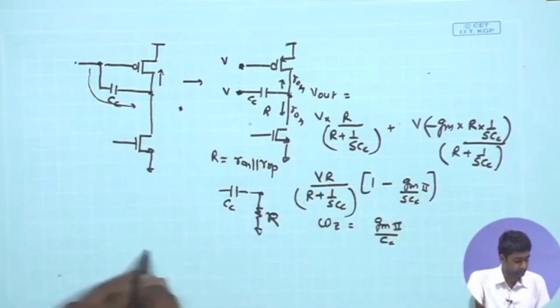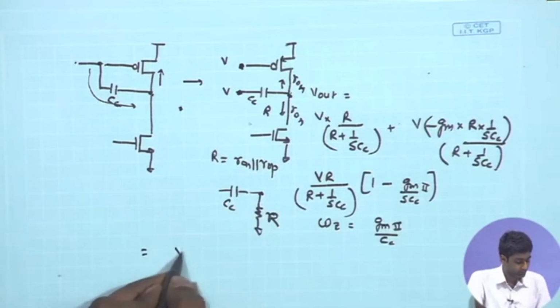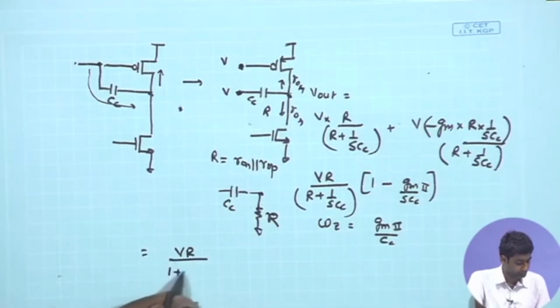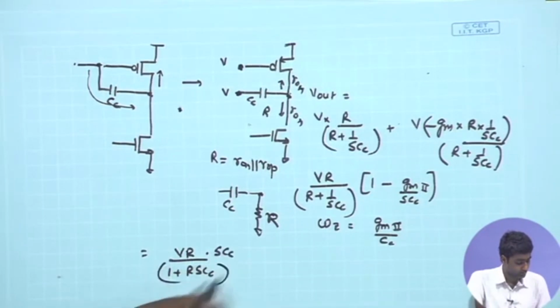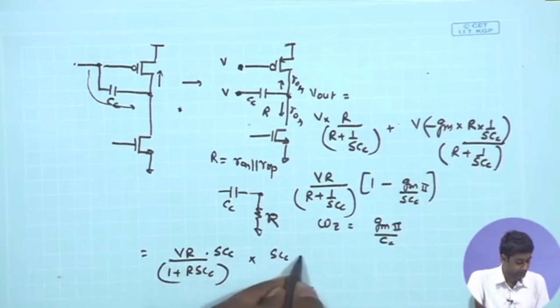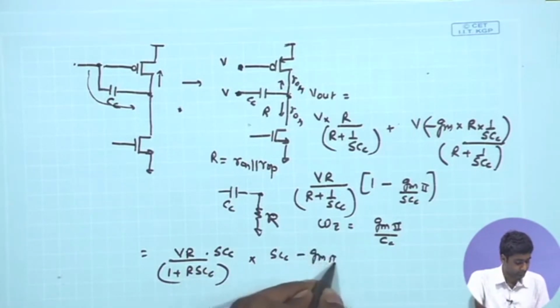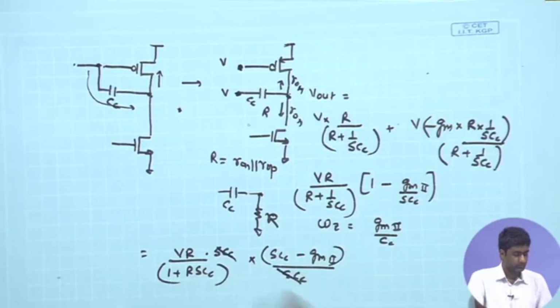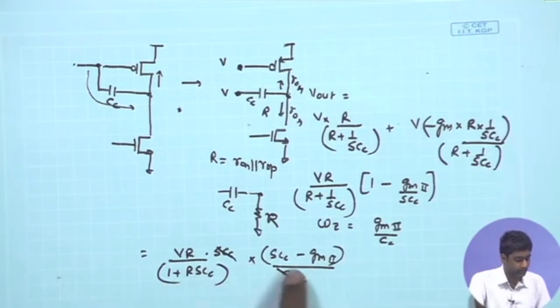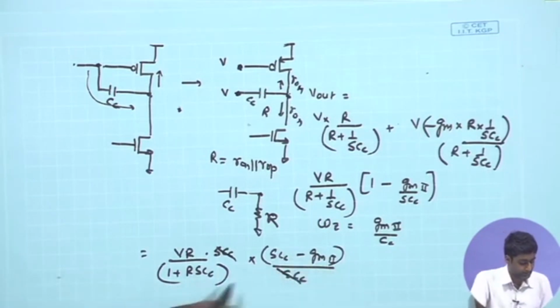Let me simplify this a little bit further and arrive at a relatively simplified expression. So, you have SCC minus GM2 upon SCC. So, this is an overall expression we are obtaining, and then I can take out CC from here.